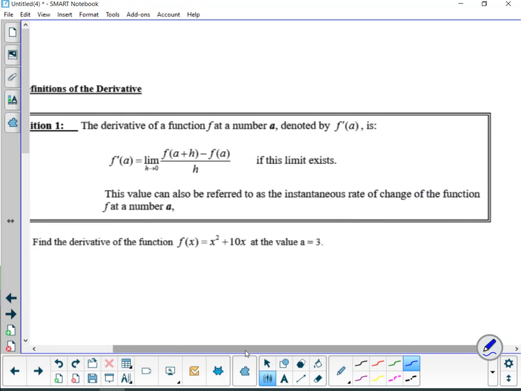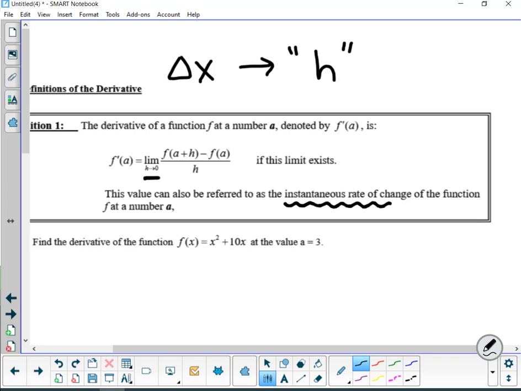Now, to make it a little nicer, some more modern notation replaces delta x with the letter h. So you'll see this as h approaches 0 as opposed to as delta x approaches 0. Once again, I've marked for you that this is also called the instantaneous rate of change.